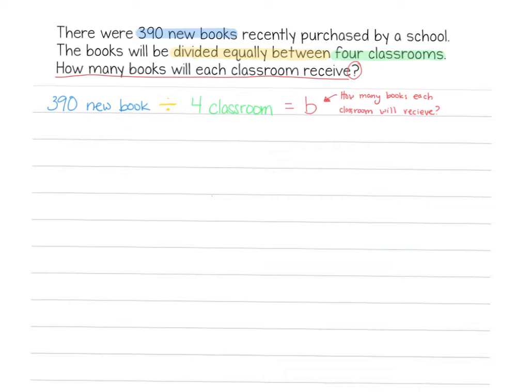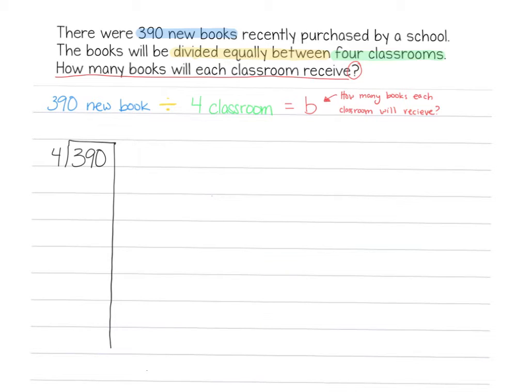All right, now we will solve the problem. So we have the problem 390 new books divided into 4 classrooms. We're going to draw a line down right here because on the right side we will have our answer, how many books will each classroom receive, and on the left side we'll be taking away equal groups or groups of multiples of 4.